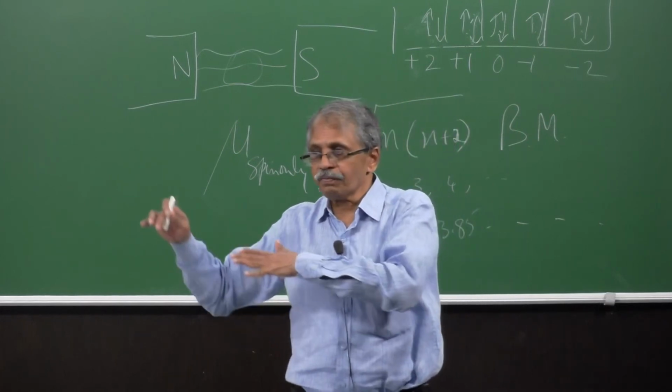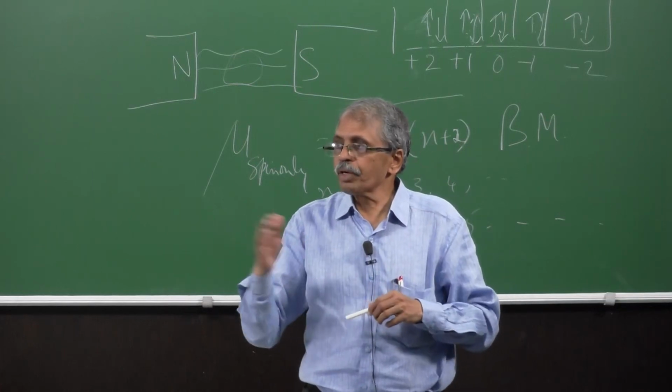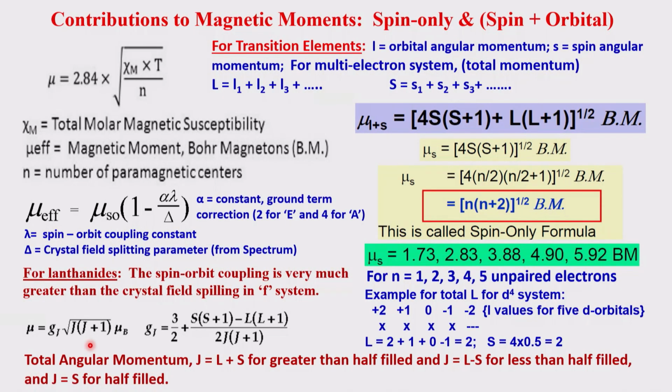Transition metals show lower spin orbit coupling and lower orbital contribution, whereas the greater spin orbit coupling shows a greater contribution in the lanthanides. Both have a meaning, and one can now try to combine lanthanide with lanthanide, lanthanide with transition metal, and transition with transition, to make materials with new properties.